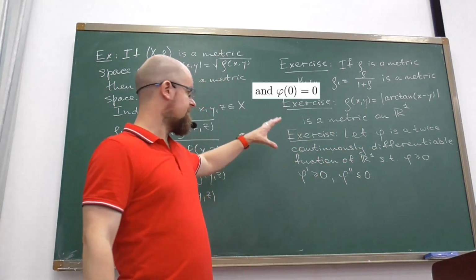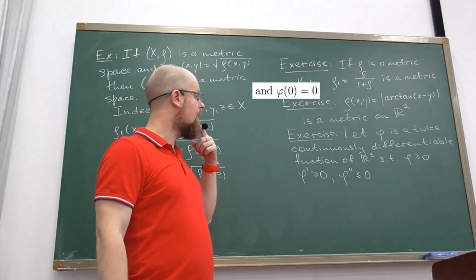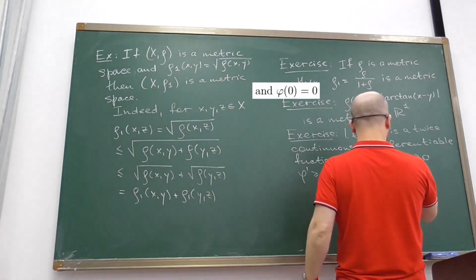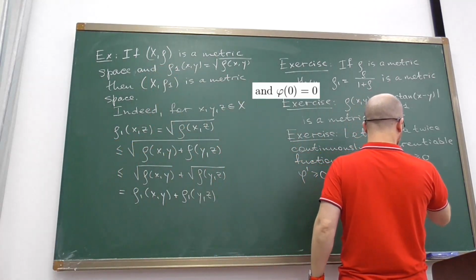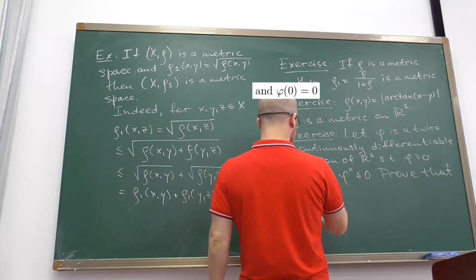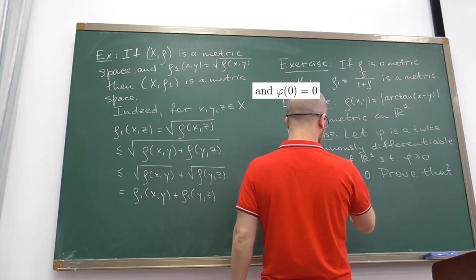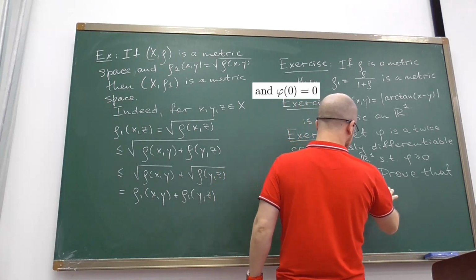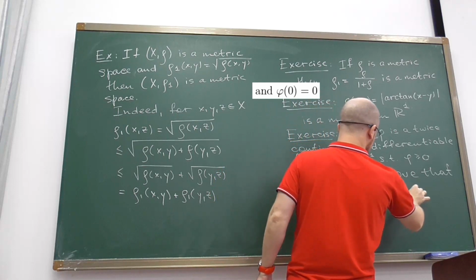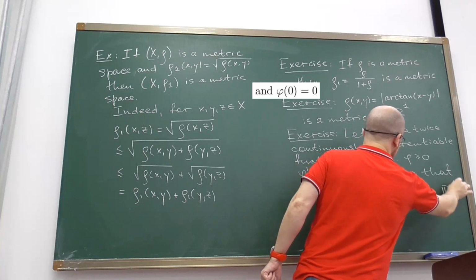So we just take this function phi and then prove that phi of the absolute value of x minus y is a metric on R1.